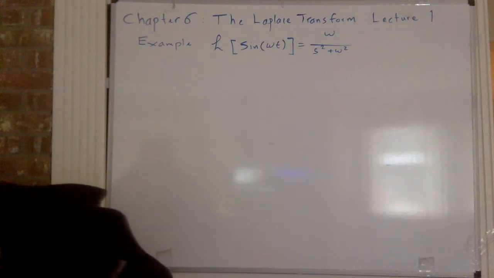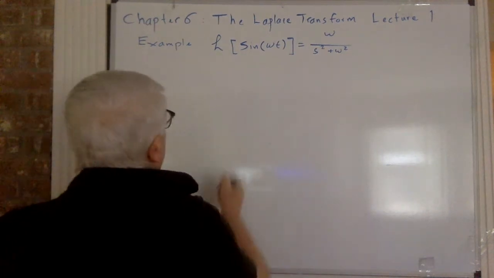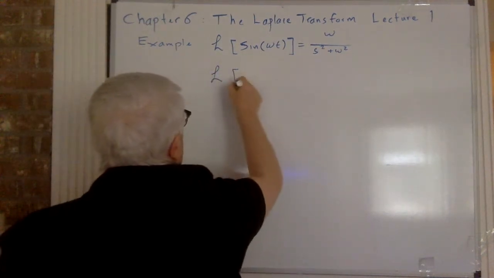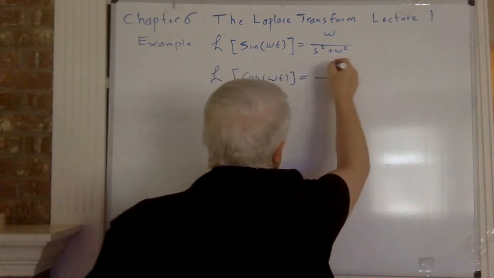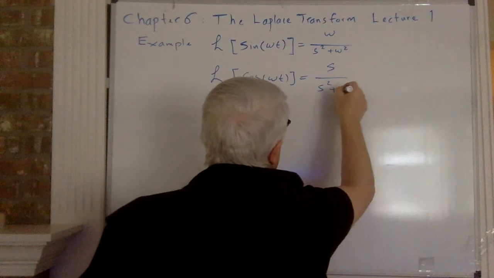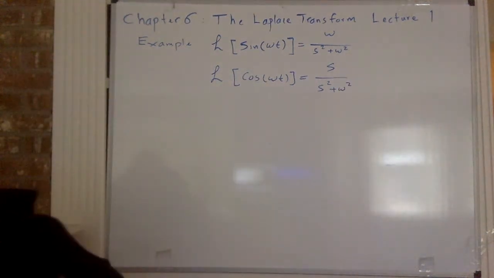Laplace of cosine omega t, in fact, is S over S squared plus omega squared. Let me double check. It is S, yeah.